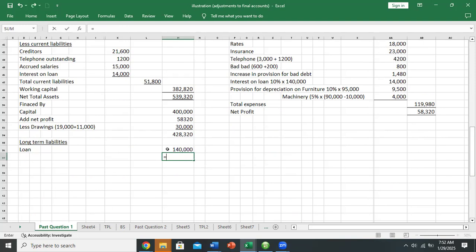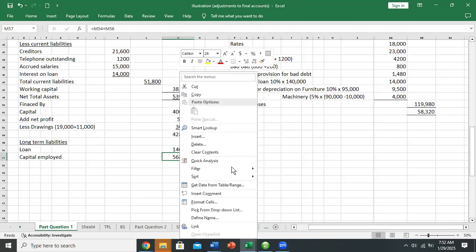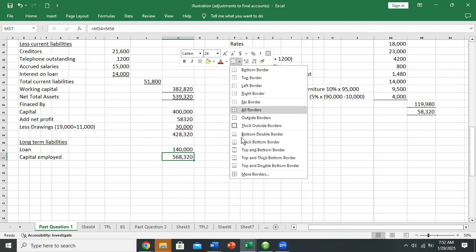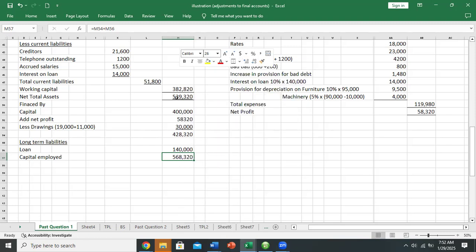So let's add and see if we'll get our capital employed being equal to. Fortunately, we have a capital employed equaling 568,320. Comparing to this, it means there's some amount that is missing.